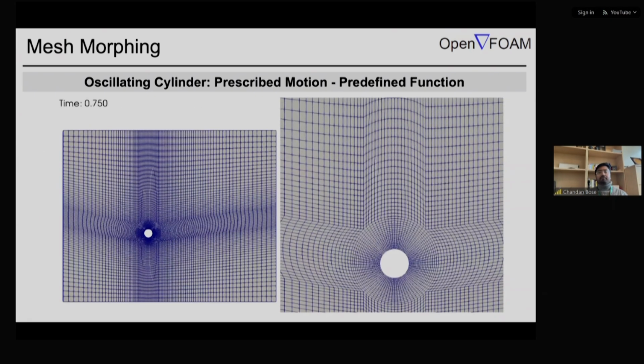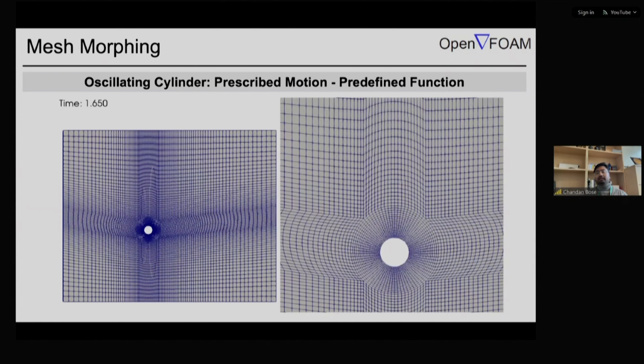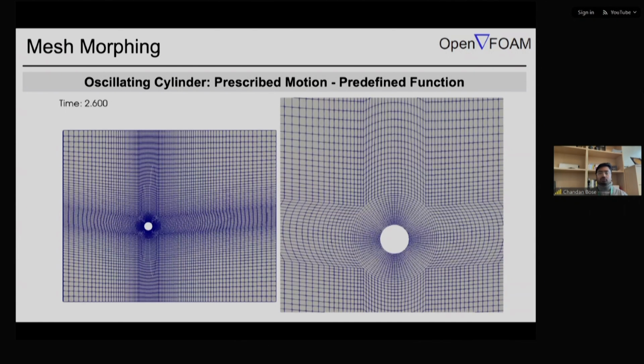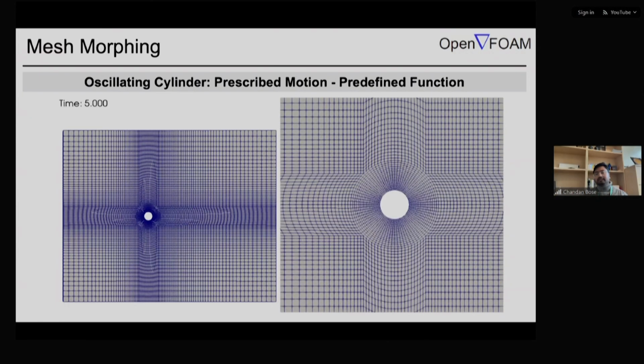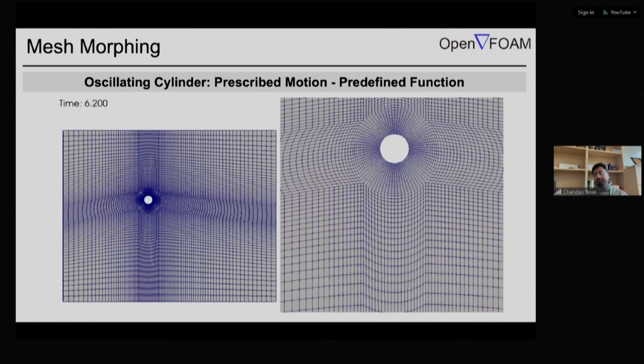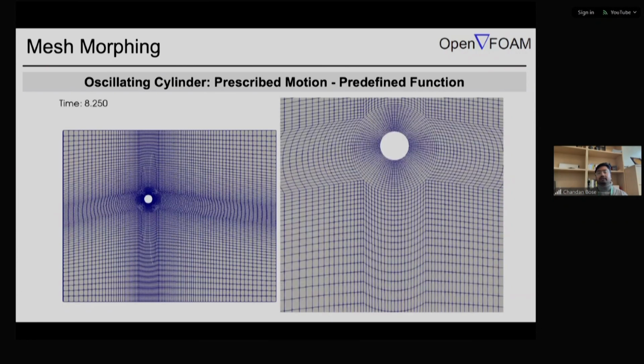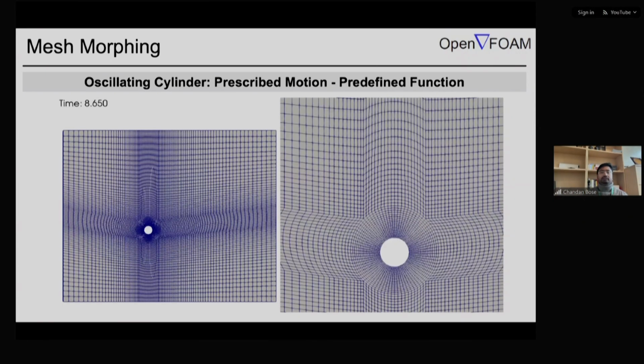Now, this is an example which I simulated, exactly giving the function that I just showed you. So it is a prescribed motion where the cylinder is translating up and down with a given amplitude and a given omega, which is in radians per second, the rotational velocity.